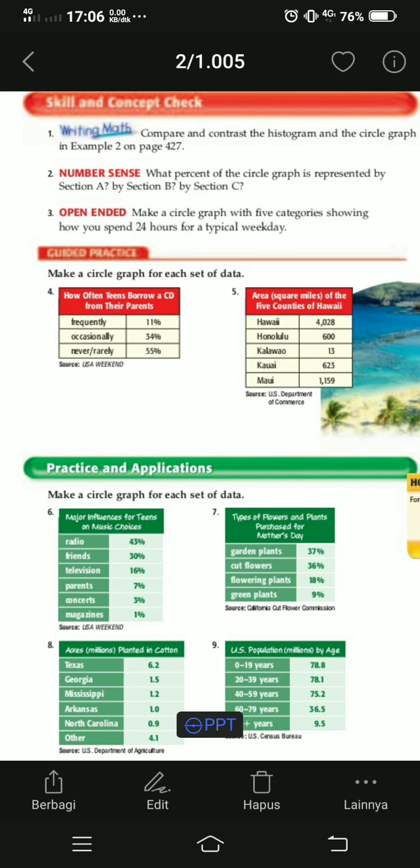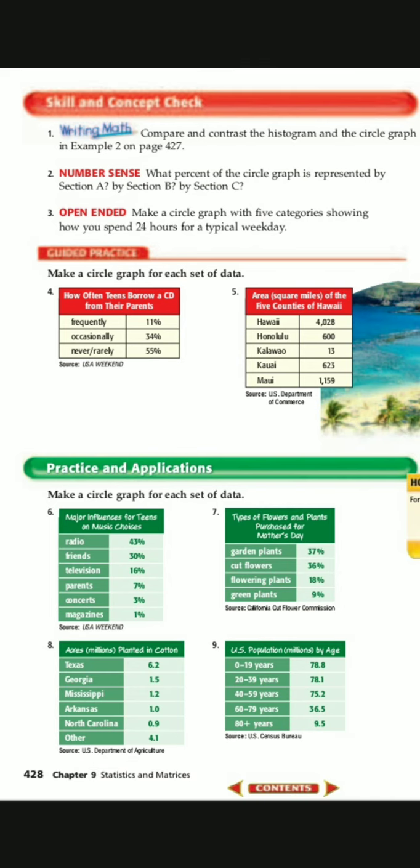This table is types of flowers and plants forecasted for Mother's Day. Number 8. This table is acres planted in cotton. Number 9. This table is US population in millions by age. Dapat dilihat pada tabel yang ada pada layar.